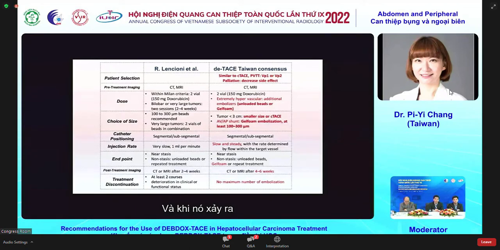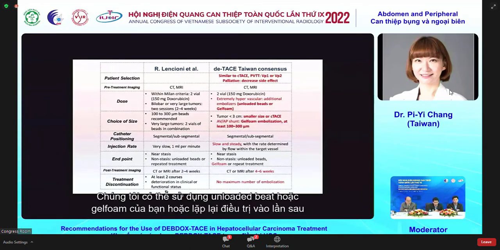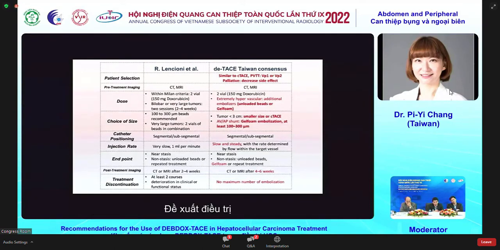And when it happened, we can use unloaded beads or add gel foam or repeat the treatment next time. For post-treatment, it's recommended to follow up the CT or MRI after 4 to 6 weeks. For treatment discontinuations, I believe it's also the same as Lencioni's recommendation.